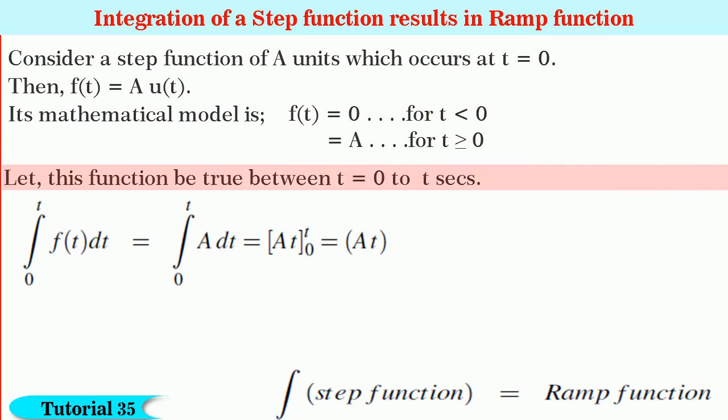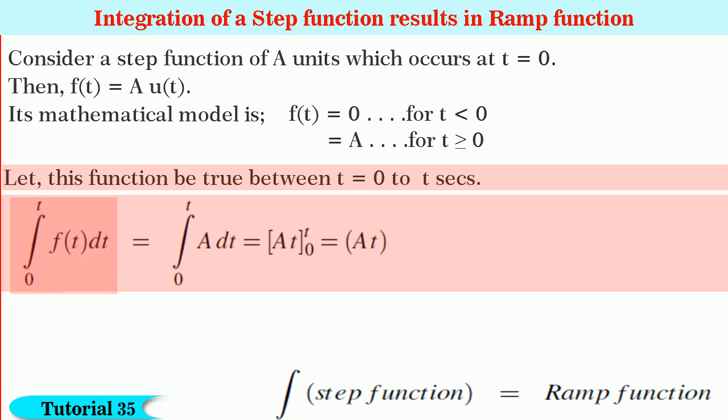Let this function be true for time between 0 to T seconds. Then by integrating this step function for time t equal to 0 to T seconds, we get the integral from 0 to T of f of t dt. By substituting the values and solving, we get the integral from 0 to T of f of t dt equal to AT.